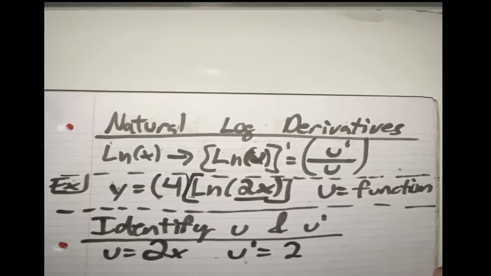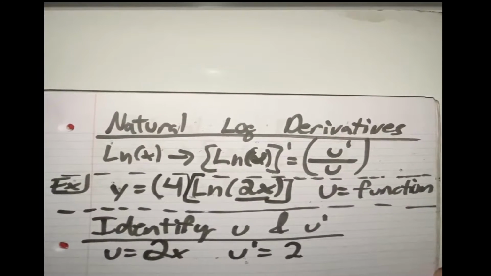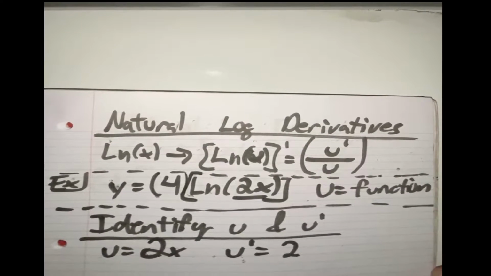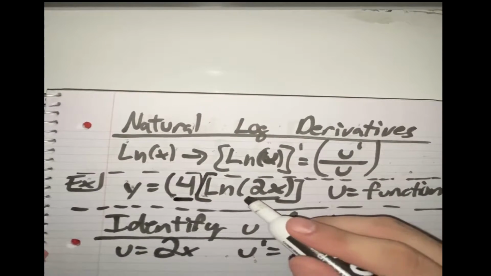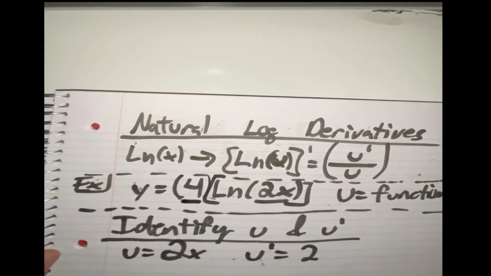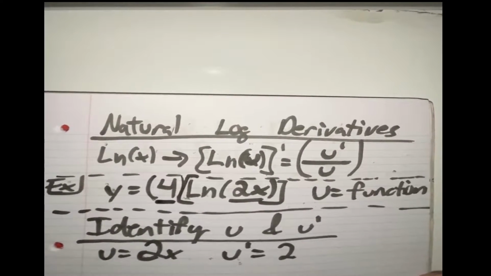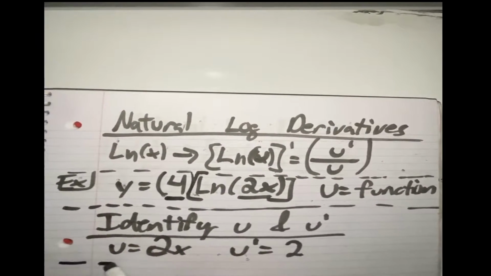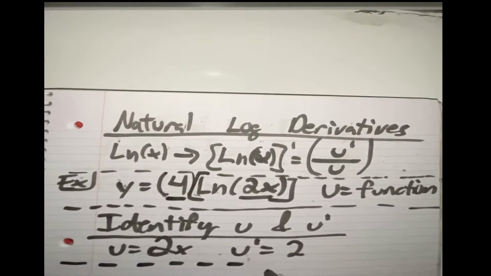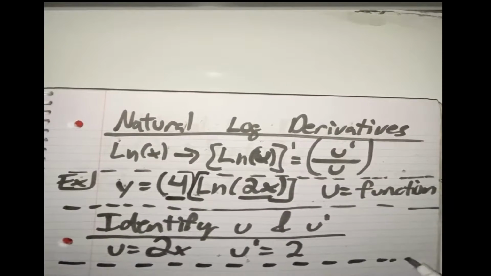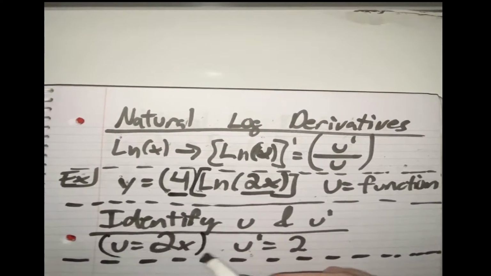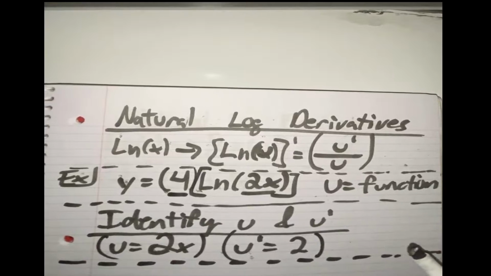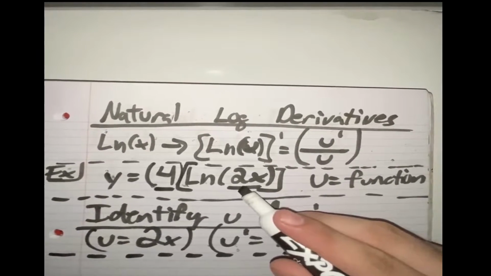But wait, we are not done yet. One thing I do want you to notice that can be misleading is that we did not take this 4 into account, but we did take this 2 into account. And that's very important because, as I said in the instructional for this video, do not remove the constant inside the function.